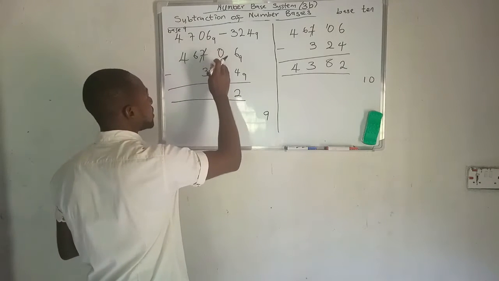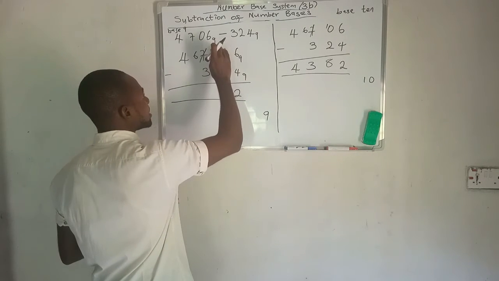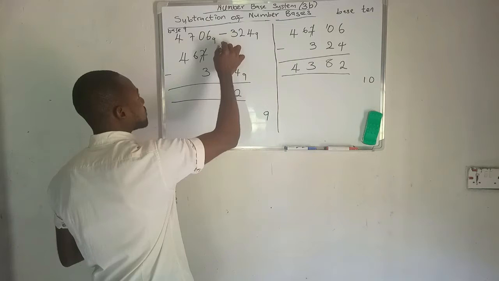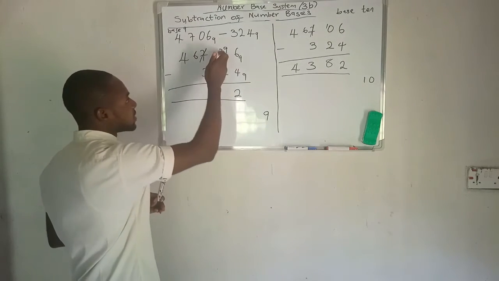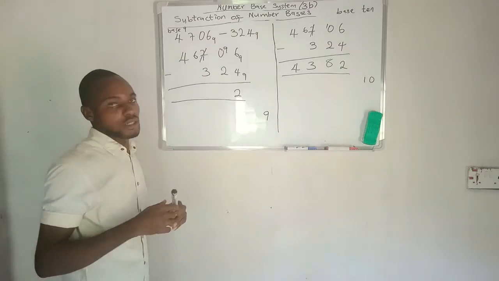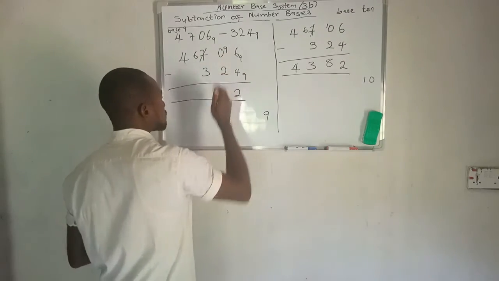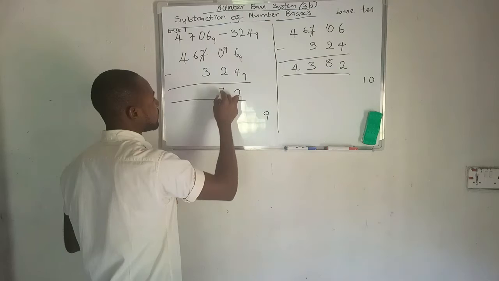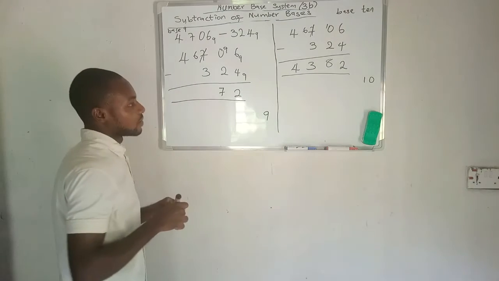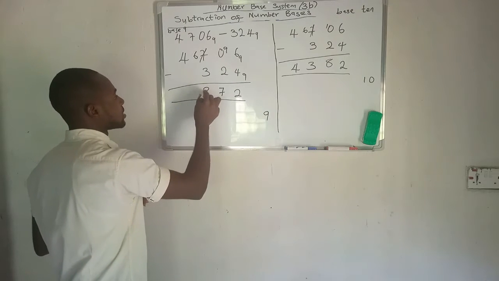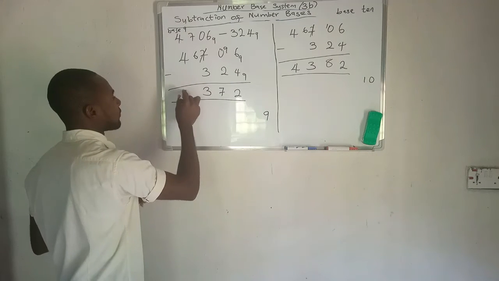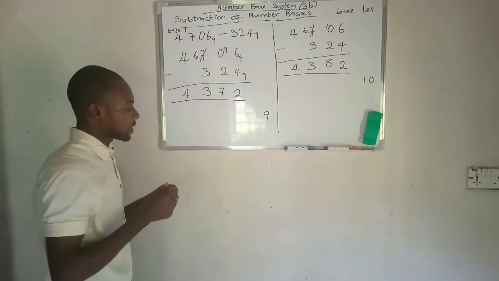So 9 plus 0 will now be 9. We now use 9 to subtract 2, so 9 minus 2 will be 7 here, and then 6 minus 3 is 3, and we have 4 here because there's nothing to subtract here.